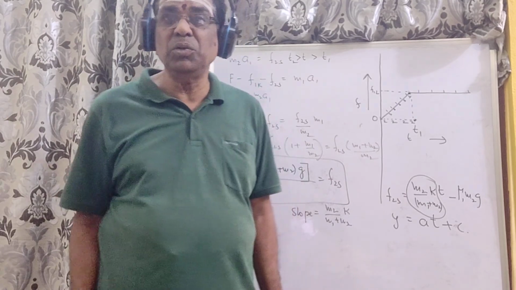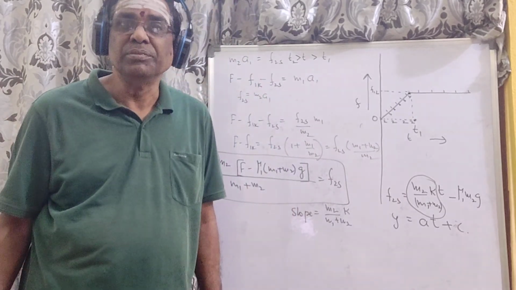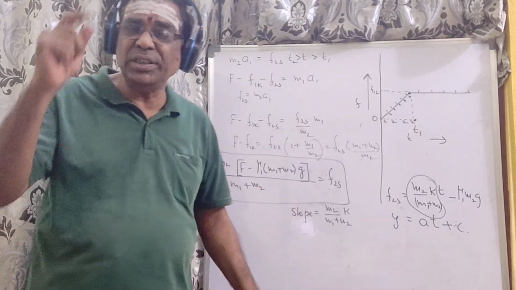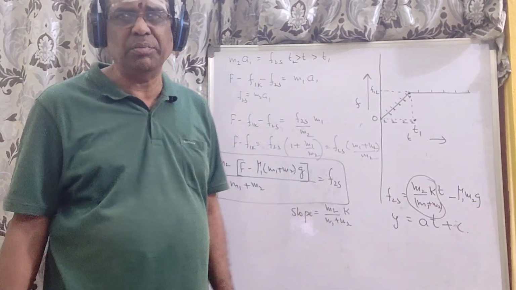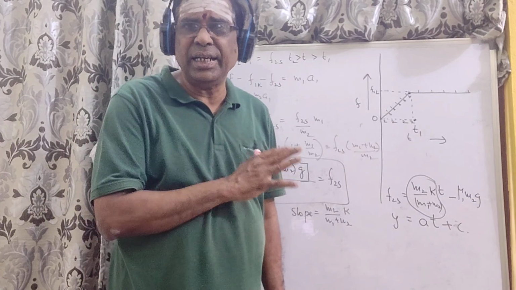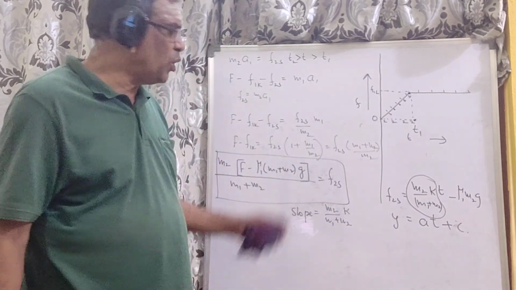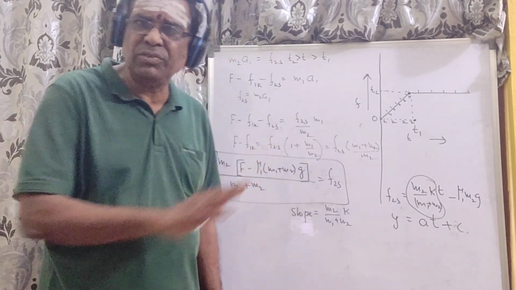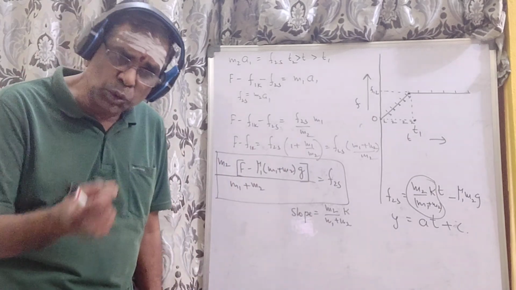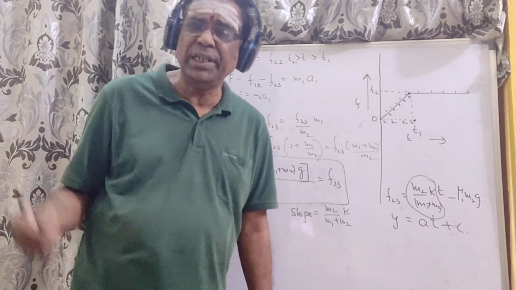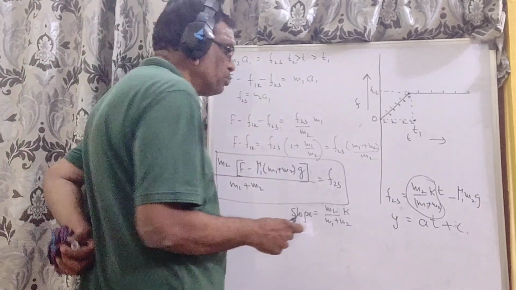They may not ask you to do all, but you should have an idea. And unless you are able to write these equations on your own, you will not be able to do any of this analysis. Remember that. Never try to get it by heart. And whatever I have been giving is not meant for reproducing as it is, but you should be in a position to do it at every stage, remember.